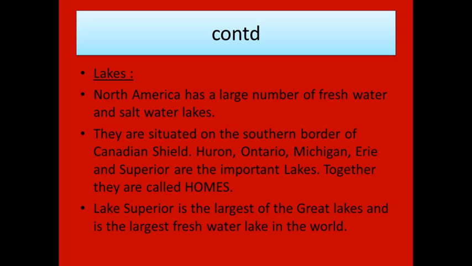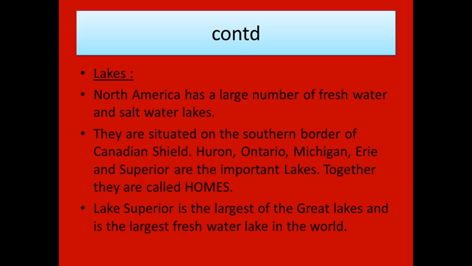Together they are called HOMES. H means Huron, O Ontario, M Michigan, E Erie, and S Superior. These are the 5 important Great Lakes which together are called HOMES.